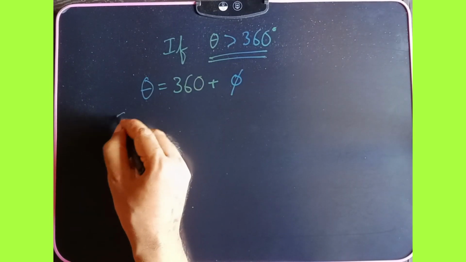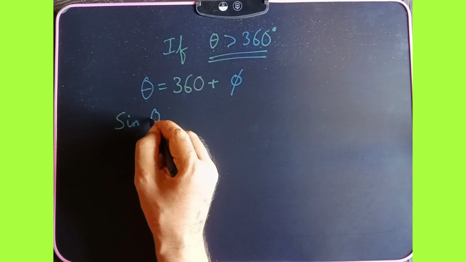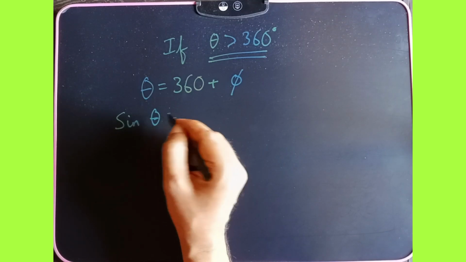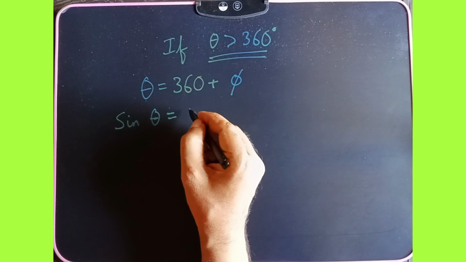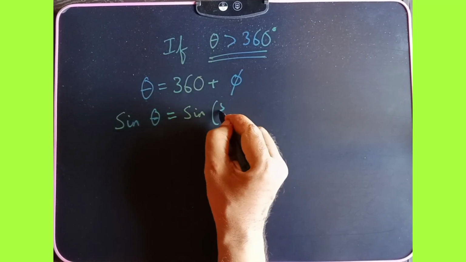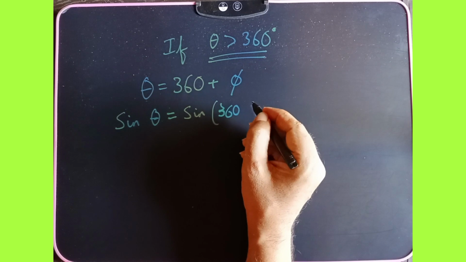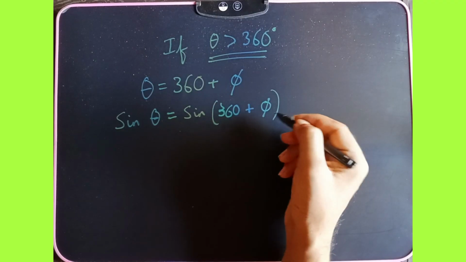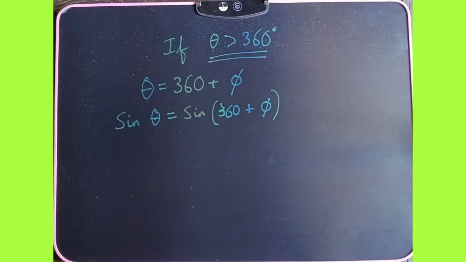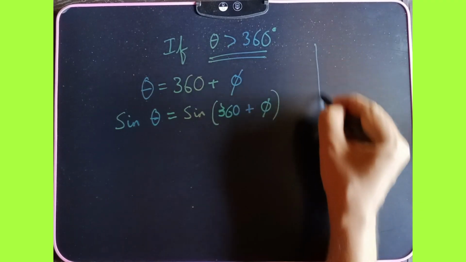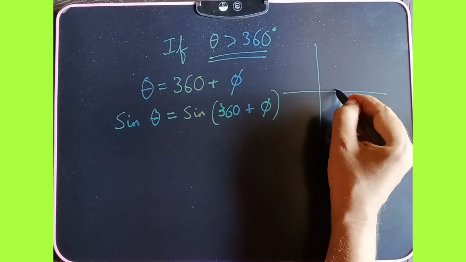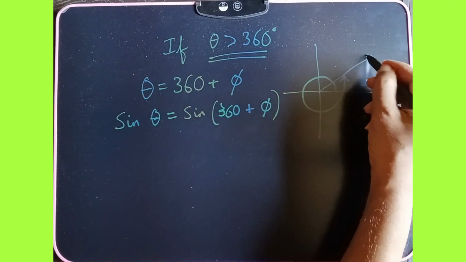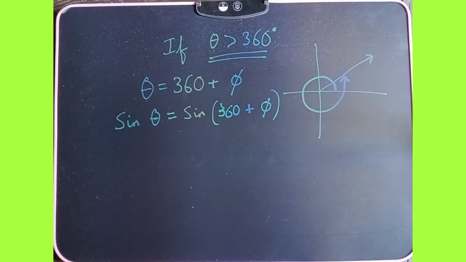So we can say that sine of theta is equal to sine of 360 plus phi, because it lies in the first quadrant. We are assuming that it goes all the way like this onto this side, into the first quadrant. If it is in the first quadrant, sine, cos, and tan are positive.